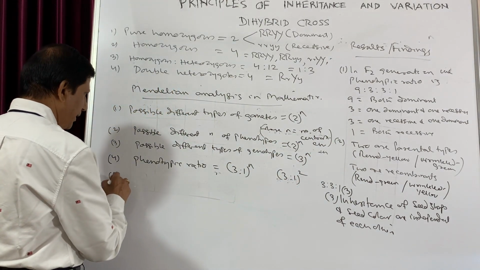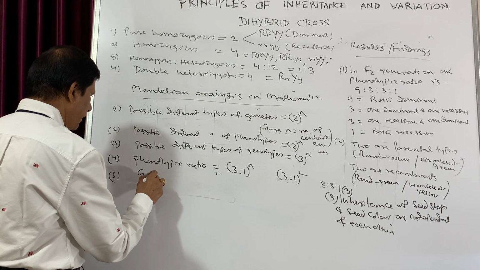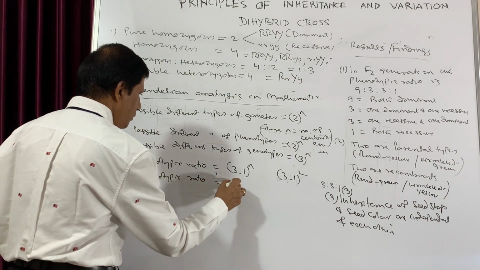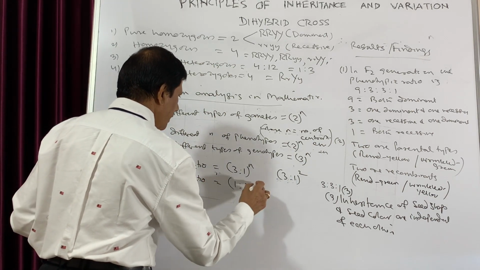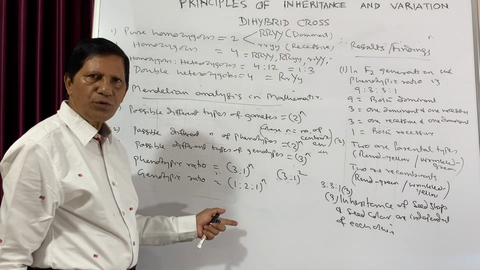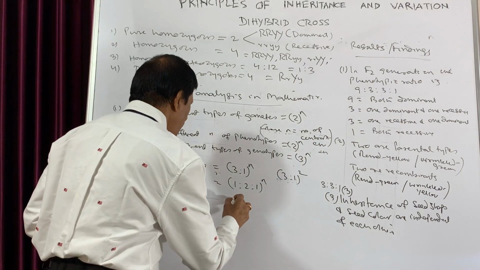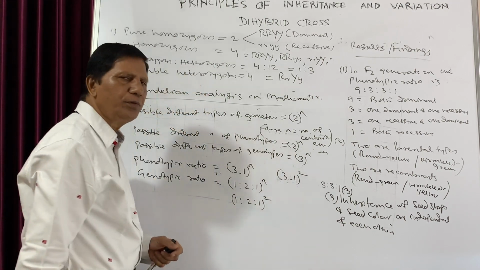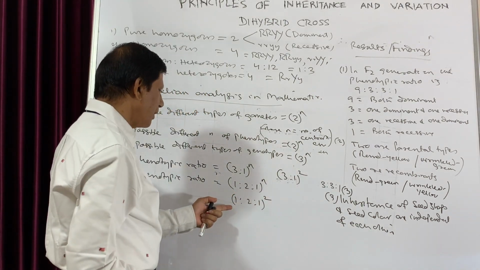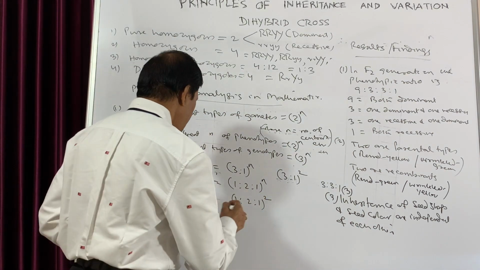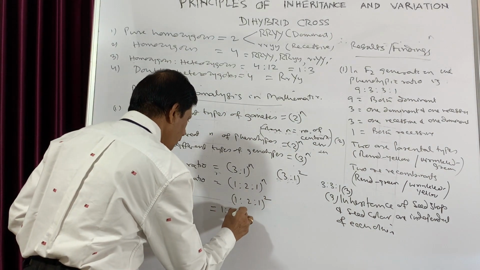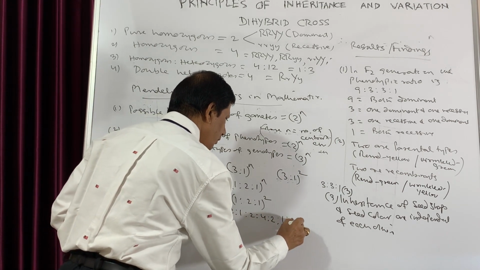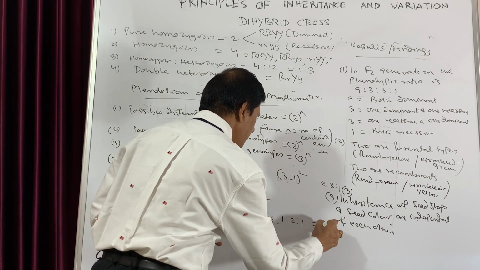Then the next is the genotypic ratio. It is 1:2:1 to the power n. So here n is equal to 2, that means 1:2:1 to the power 2. When this is squared it will give rise to 1:2:1, then 2:4:2, then 1:2:1. So these are the 9 types of genotypes.